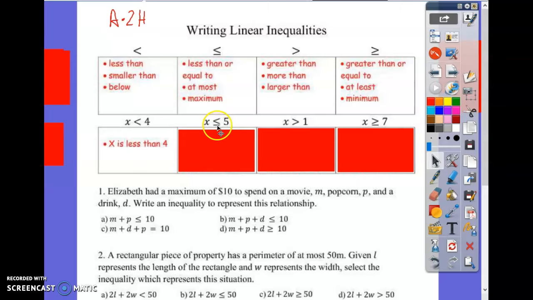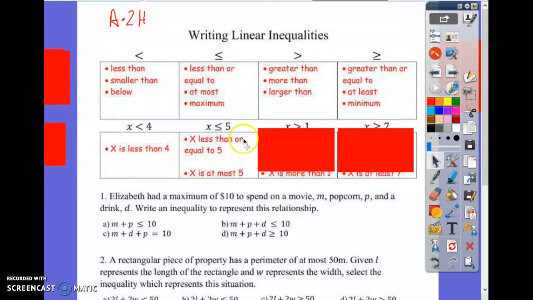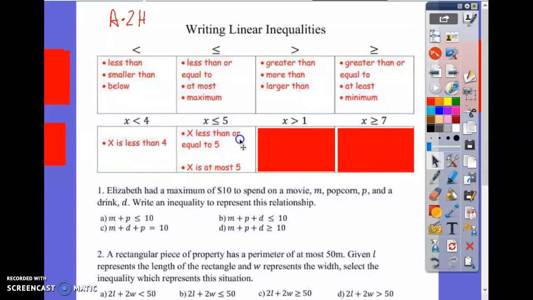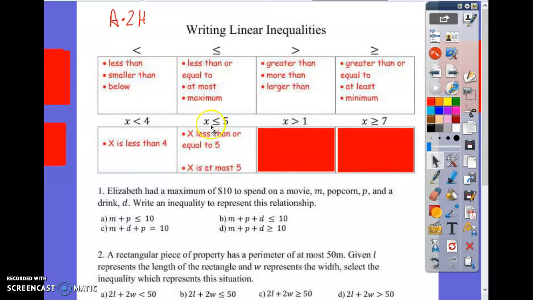But this one does. This one has a line underneath. So something that I would be looking for is x less than or equal to 5, or x is at most 5, because 5 is the most I can have. But it can be less than, right? At most, lo más 5. So 5 is the biggest number.